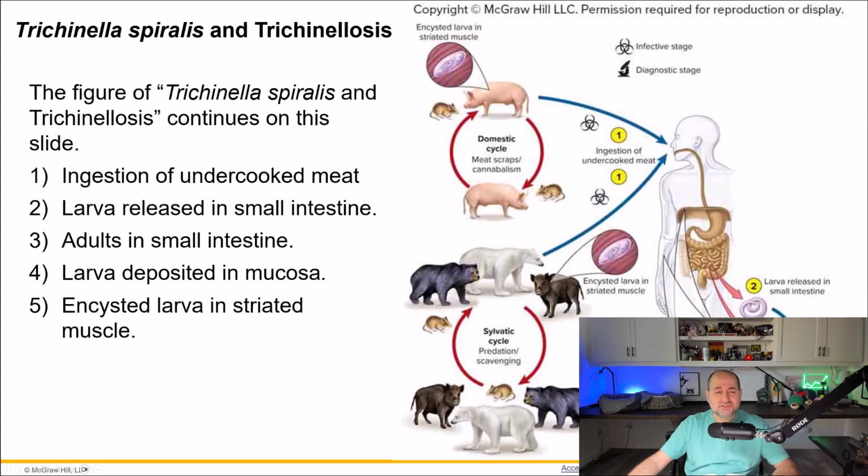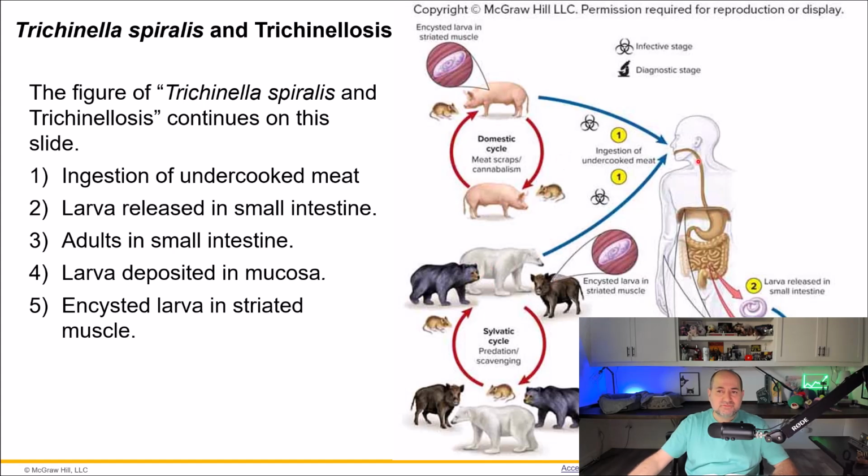All right, here's another type B life cycle worm that's a nematode called Trichinella spiralis, which causes trichinellosis. A person picks up Trichinella by eating undercooked meat, usually undercooked pork, but it could also be other infected animals as well.